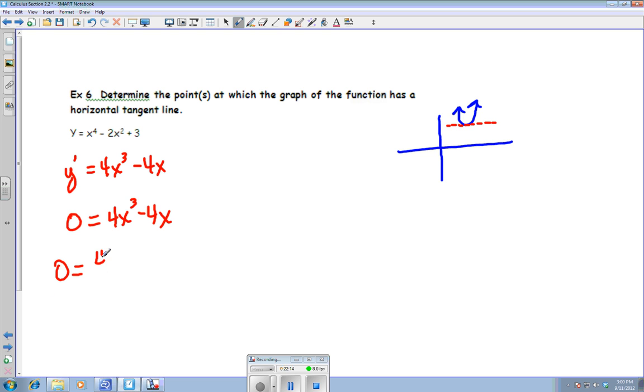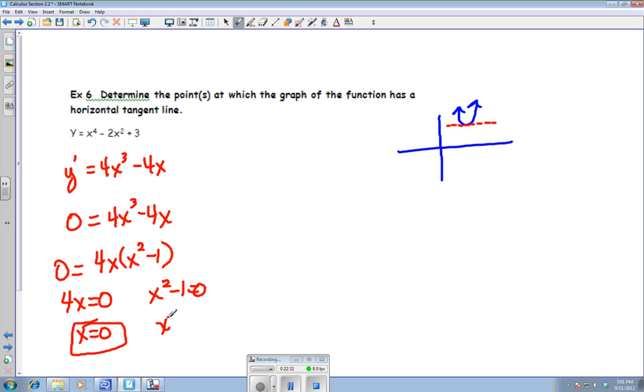So I can factor out a 4x, and I have x squared minus 1 left. If I set each of these factors equal to 0 and solve, on this one I get x equals 0, so there's one answer. When I solve this, I get x equals, and you have to be careful, plus or minus 1.